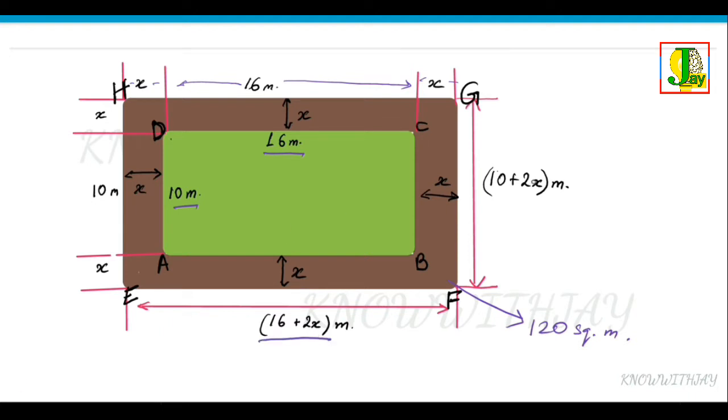Similarly, we are going to add 2x to the breadth of the rectangle to get the total breadth of the outer rectangle. So now we have the length and the breadth of the outer rectangle. We can easily find the area of the total path and the garden taken together.